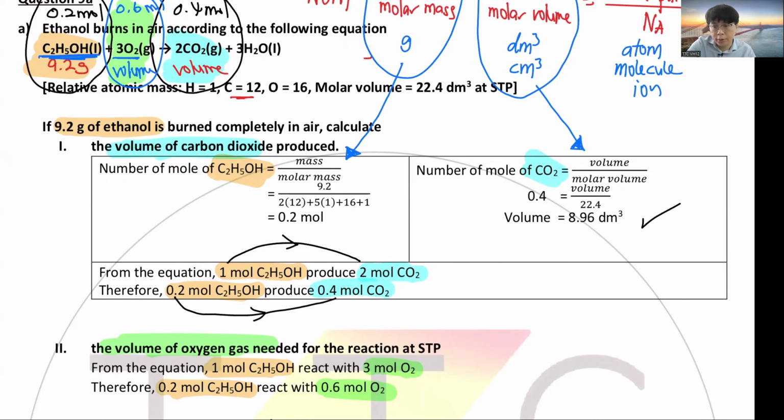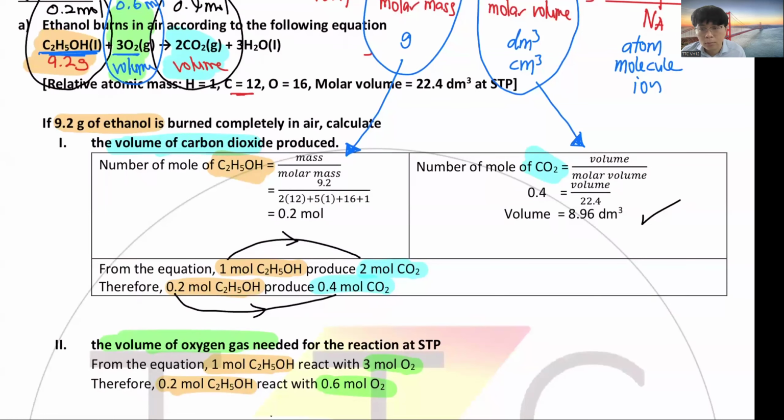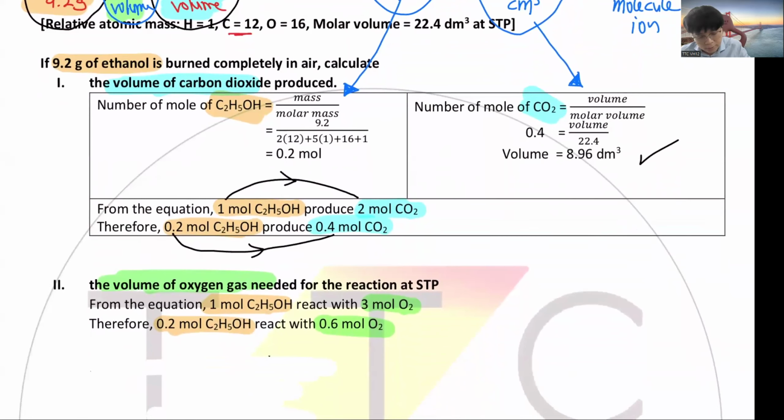The ratio is 1 to 3. Then after that, now you got 0.2. The answer will be 0.6. Good, this is the idea. This one is also important. Your midterm exam will have this also. For that, you calculate out your answer.